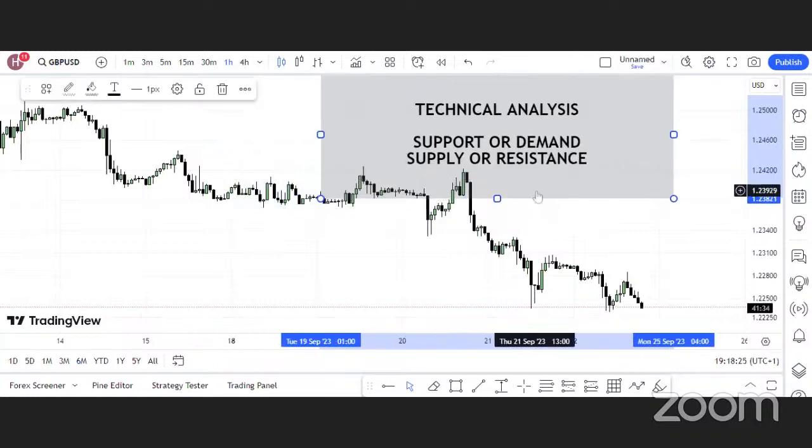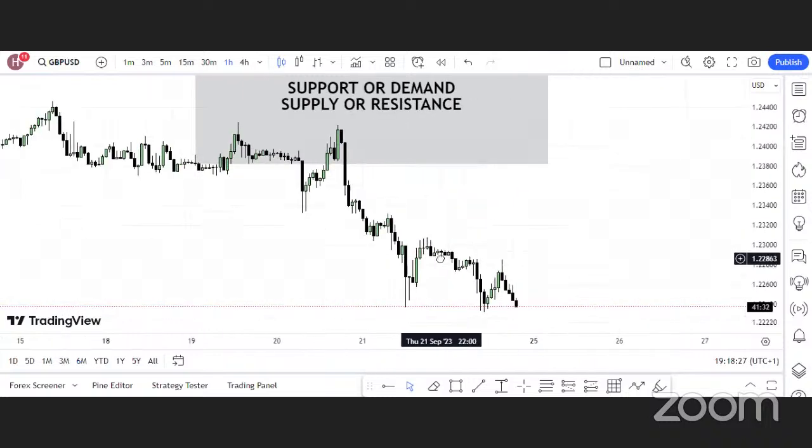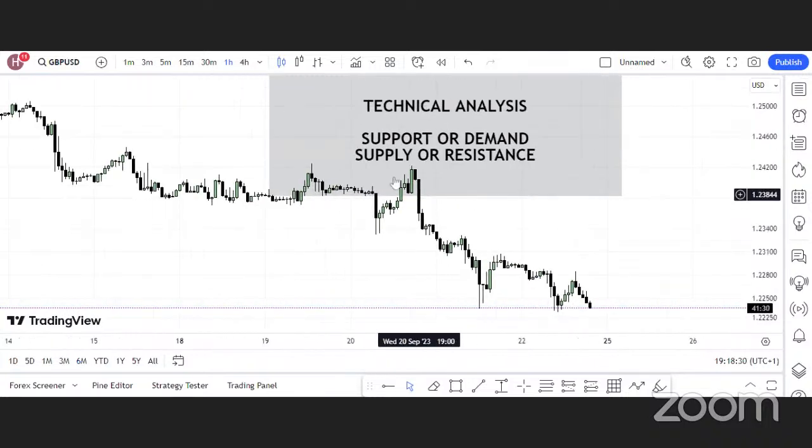This is what we use to make our technical analysis. We have the support, which is also known as the demand, and then we have the supply, which is also known as resistance. So if you hear anybody saying, let me draw support or let me draw resistance, they are talking about demand or supply.